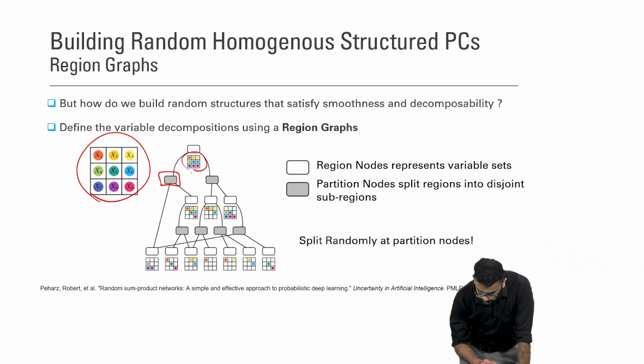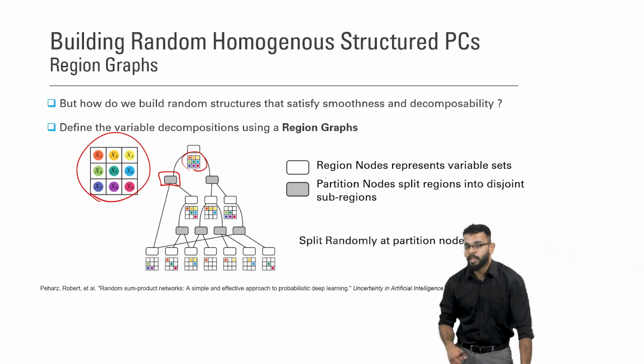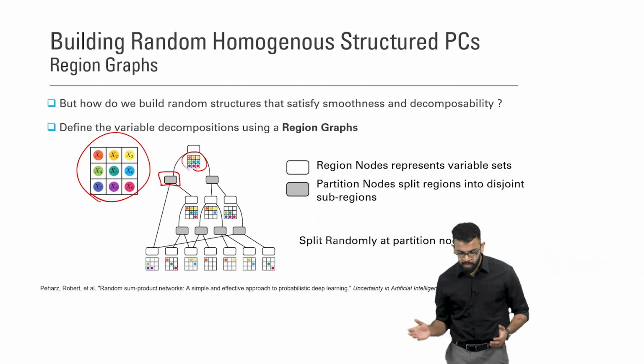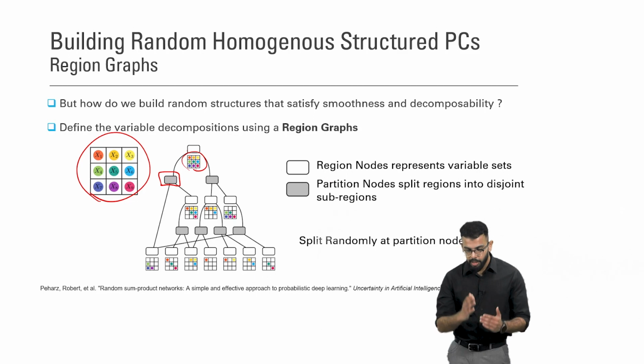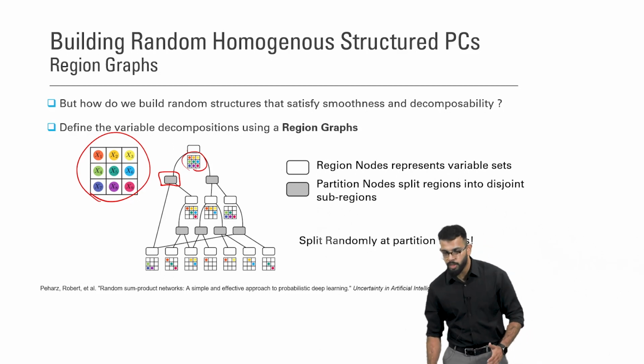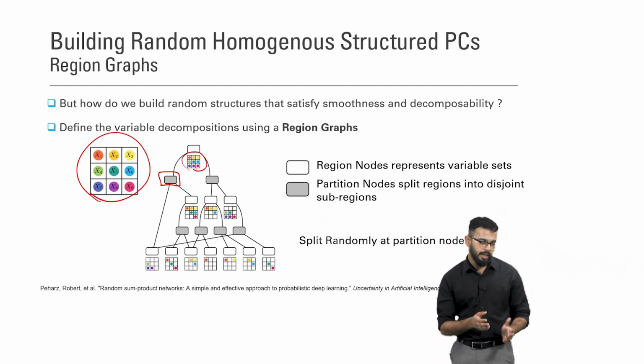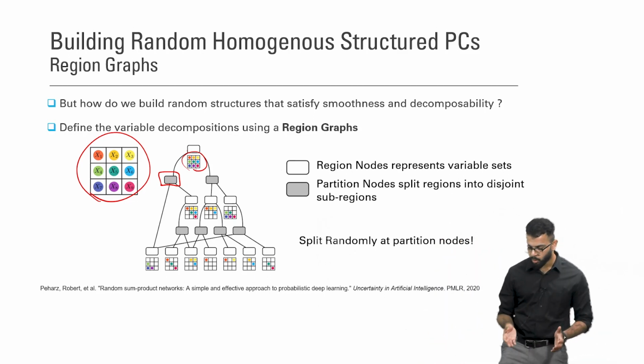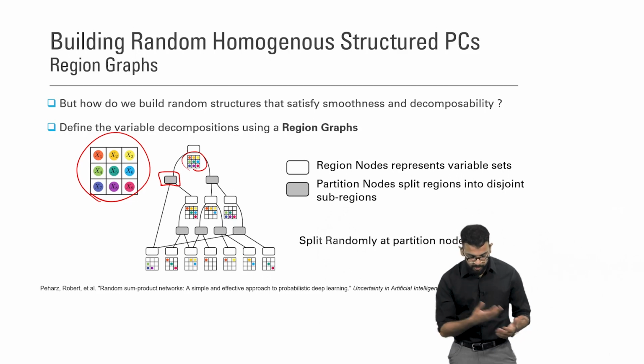So when I pass these 9 variables through a partition node, what I'm really doing is randomly splitting these sets of variables into 2, right? So okay, in this case, the set of variables on the top right goes to my right child, and the remaining goes to my left child, right? So you're randomly selecting which random variables get decomposed at a product node by just randomly sampling these variables, right?